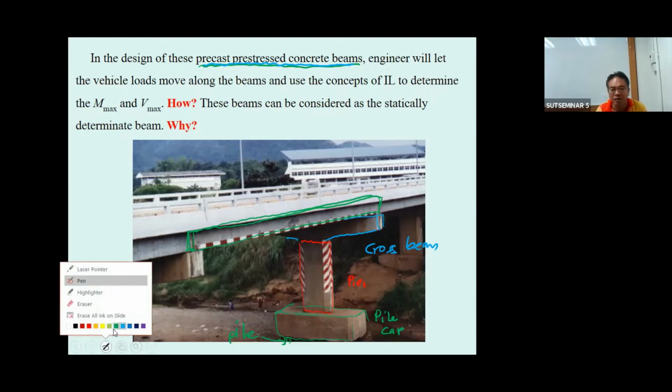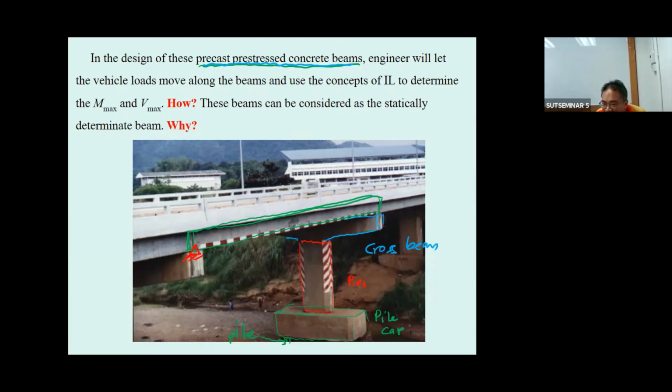So this one can be assumed to be a kind of statically determinate beam. Okay, and while the truck is moving along this bridge, you're going to imagine the load also going to move.